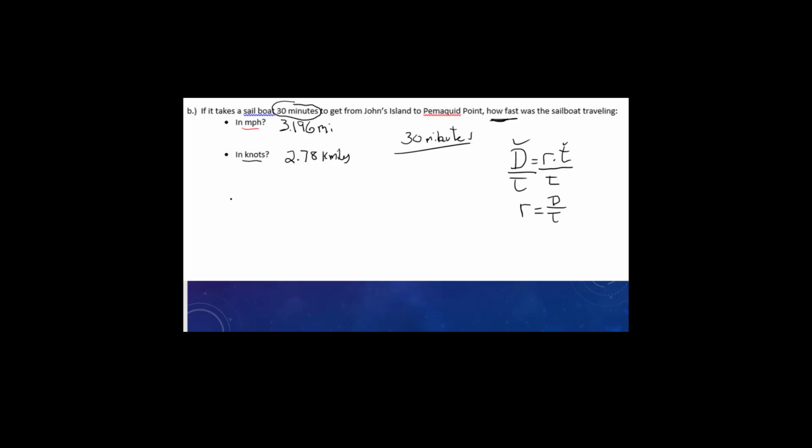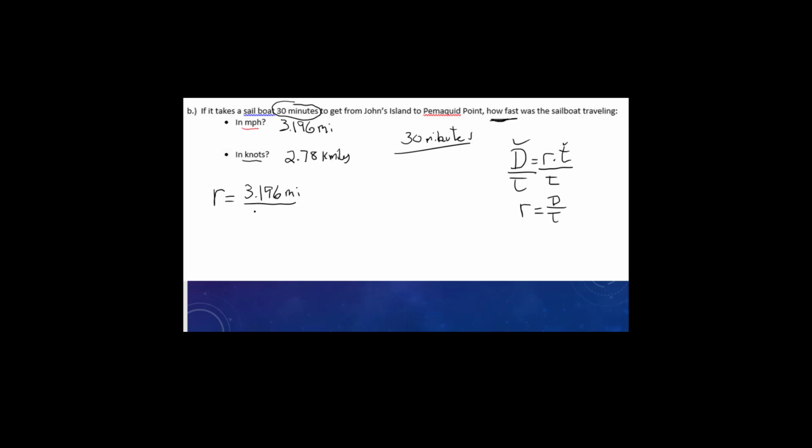So the rate, or the speed at which something's going, is the distance divided by the time. So let's do miles per hour. So the rate in which we're going is the distance, which is 3.196 miles, over, you think about it. Am I going to put 30 minutes here? Or am I going to put something else?